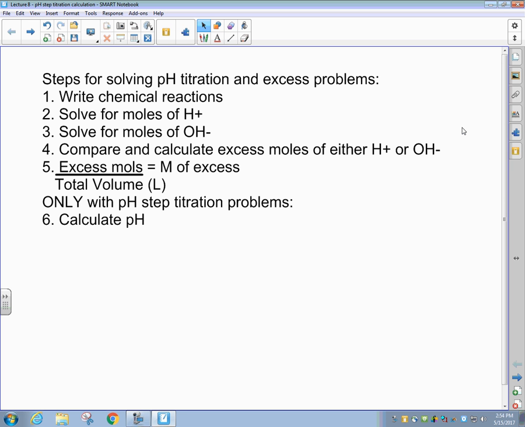A step titration is a slight variation on a normal titration where you add the base or acid that is contained in the burette in a specific amount.